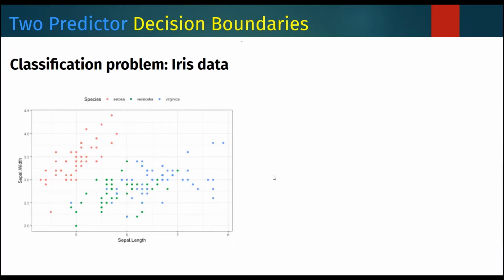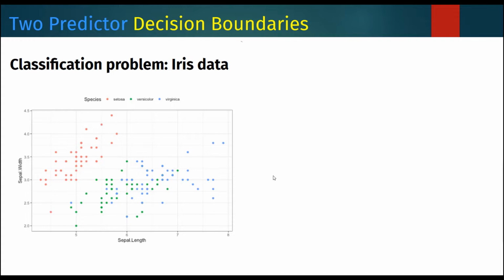So we can see the two-predictor decision boundaries. We took the iris flower data, which is a classification problem. You can see the classification of the iris data with a decision tree.